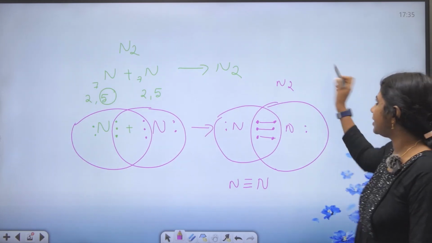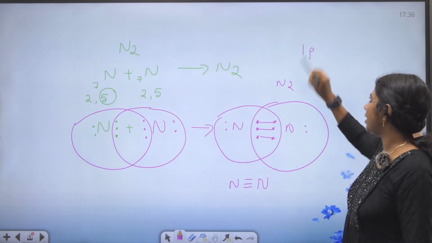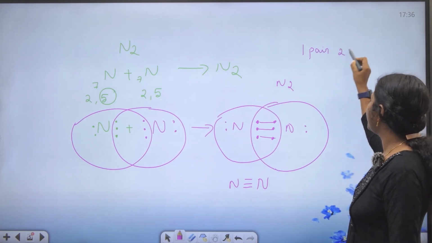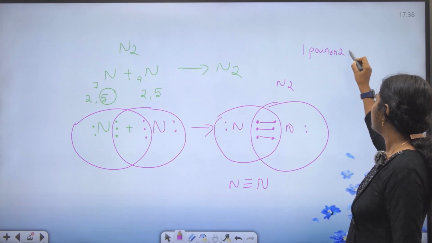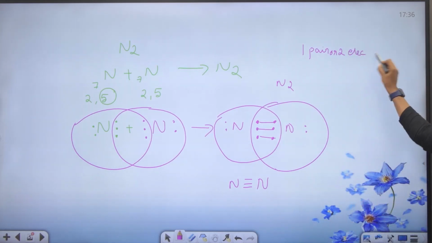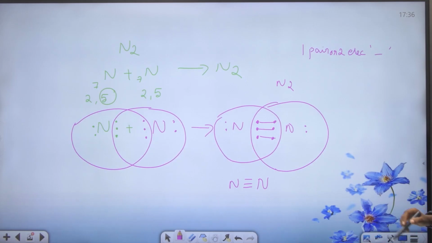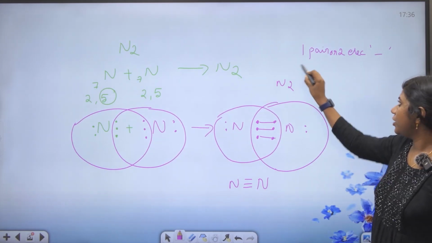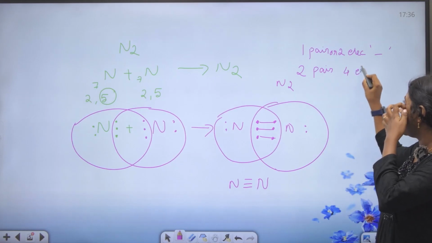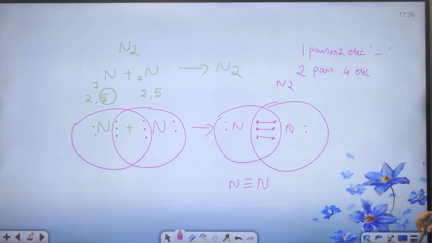If 2 atoms share 1 pair of electrons, or 2 electrons, it forms a single bonded compound. If they share 2 pairs of electrons, or 4 electrons, it forms a double bonded compound.